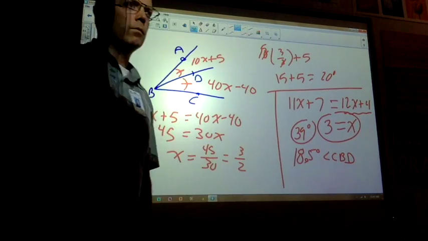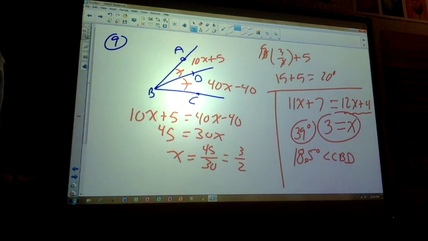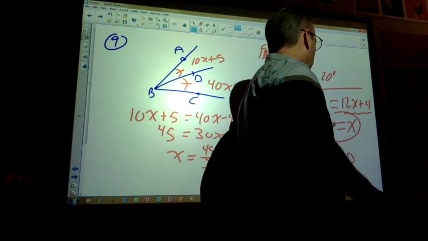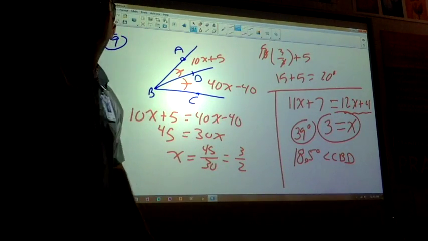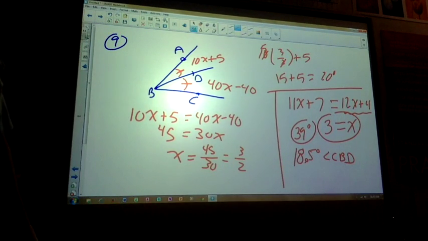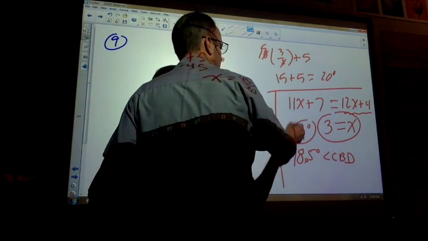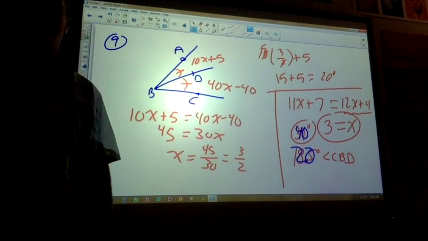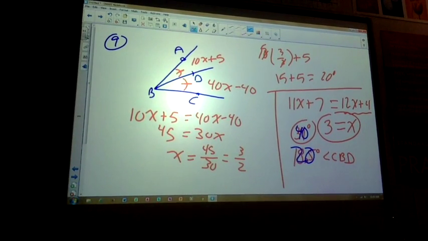How did you get x equals 3? I subtracted 11x, so that gave me an x, and I subtracted 4. I wrote minus 7. Yeah, 33 plus 7 is 40. Thank you. So that's 40, so that's 20. Darn arithmetic. It's getting to me these days.